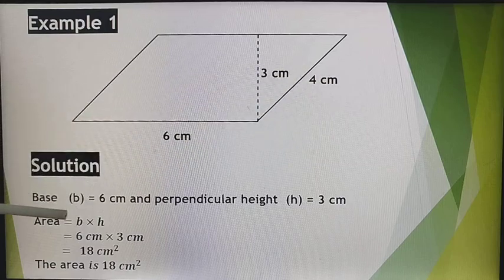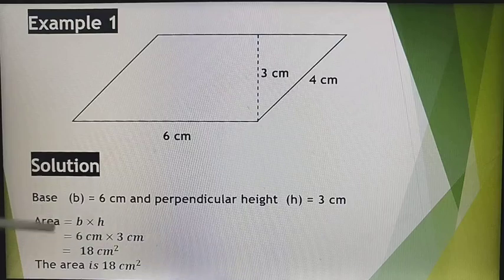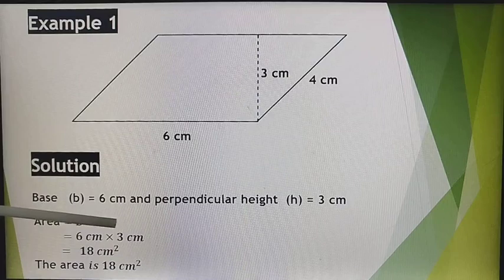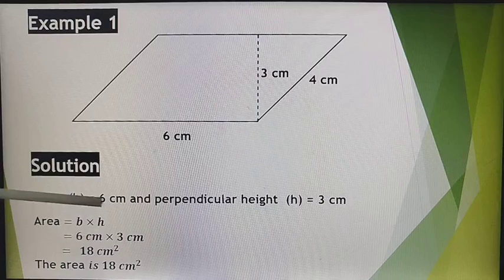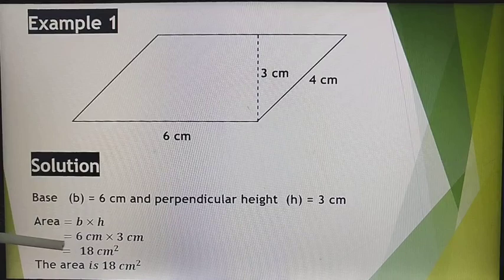So our solution: the base is 6 centimeters and the perpendicular height is 3 centimeters. The area is base times height. So we're going to plug in the values. Base is 6, then height is 3. So 6 times 3 is 18. So our answer is 18 centimeters squared.